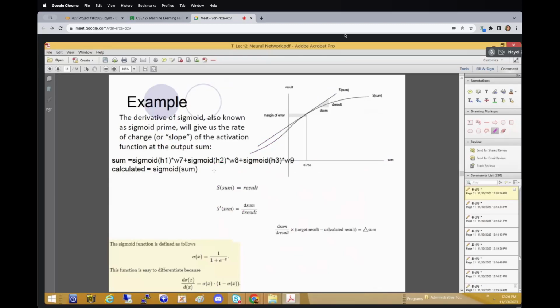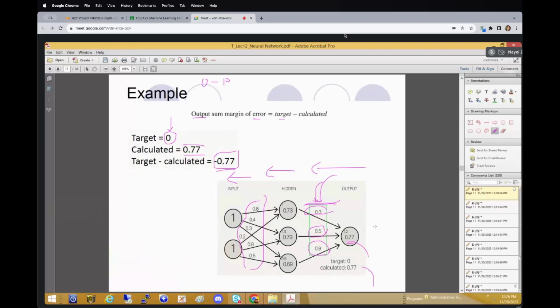Now we can see that in our last layer, to compute our result, we used the sigmoid of the output sum.